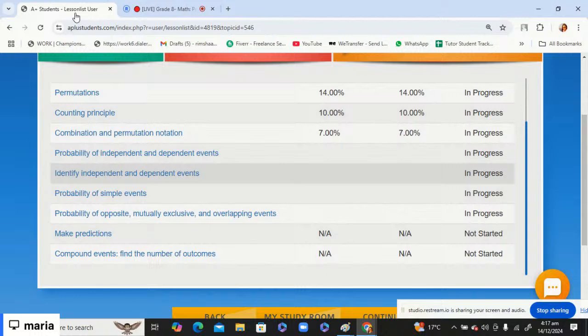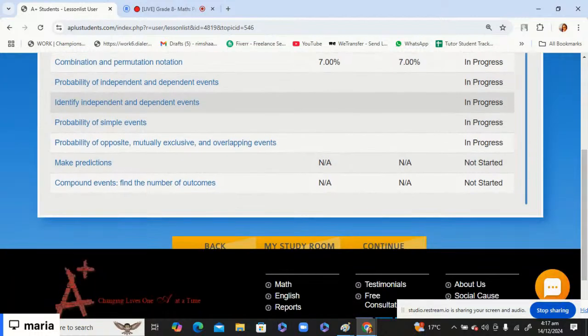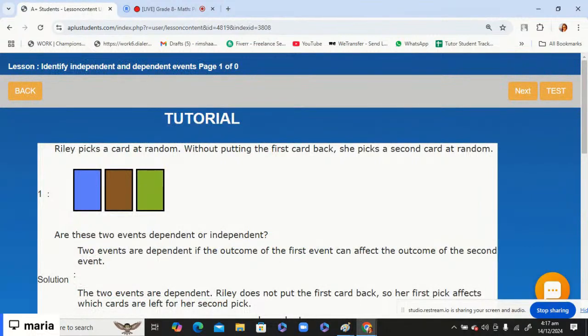Now identify the dependent and independent events. Alright. Really picks a card at random. Without putting the first card back, she picked a second card at random. Are these two events dependent or independent? So, check it out.